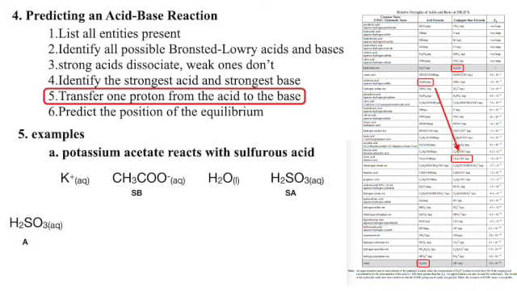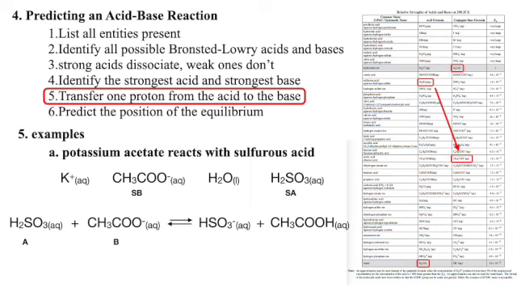Transfer a proton. So take your acid plus your base, transfer your proton, and you get HSO3 negative because you've lost an H. And the H carried a positive charge with it. So now the H2SO3 has become negative because it's lost a positive. And CH3COOH.